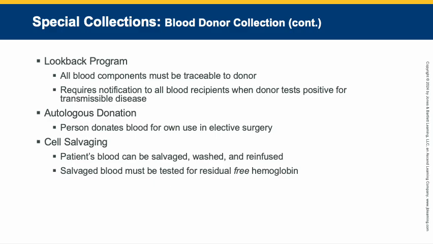But this is also why, let's say you have the surgery and then you don't need the blood, that blood cannot be given to another patient. It has to be discarded because it does not follow the regular rules for donor eligibility for regular units. There are a lot of things that were not taken into account, such as the patient's history and so on.